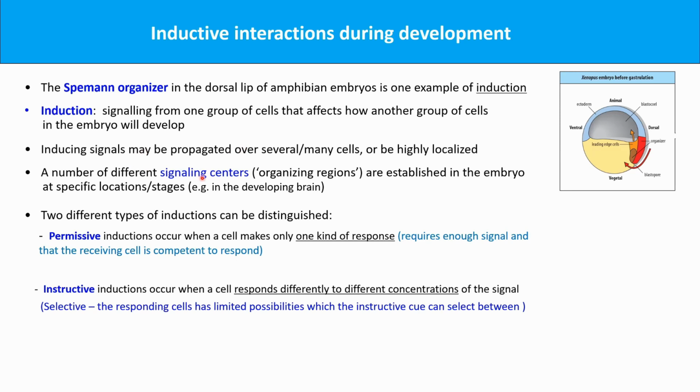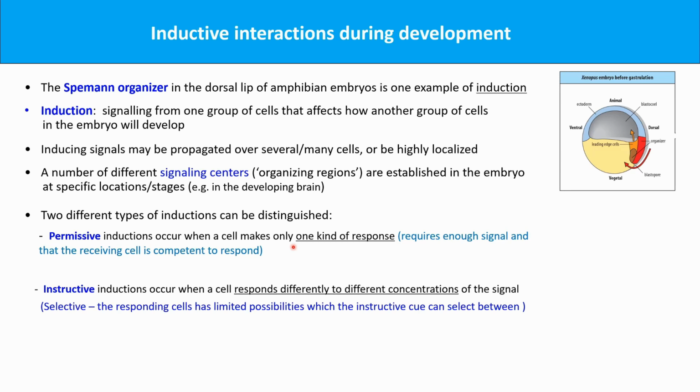There are a number of different signaling centers or organizing regions, as they can be called, and these are established in the embryo at very specific locations at certain times and stages, for example, in the developing brain. Importantly, in terms of learning terms, there are two different types of inductions that can be distinguished. There are permissive inductions, where a cell can only make one kind of response to that signal.